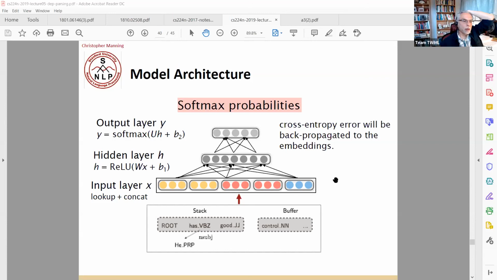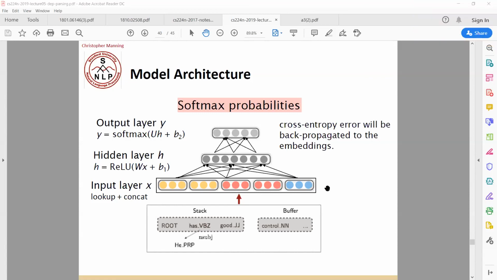Yeah, there's one left out then, because there's a leftmost and a rightmost. But it's the yellow circles, they represent words.